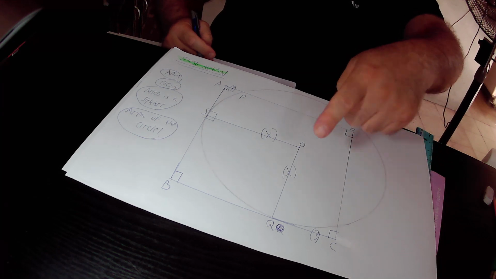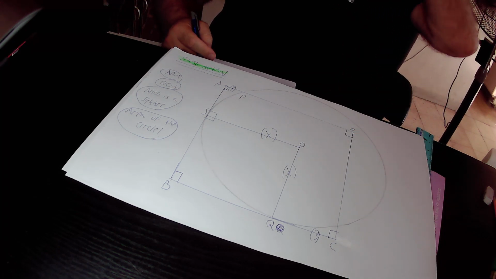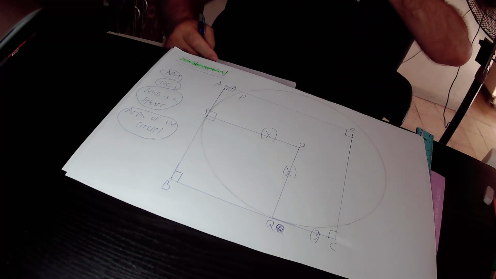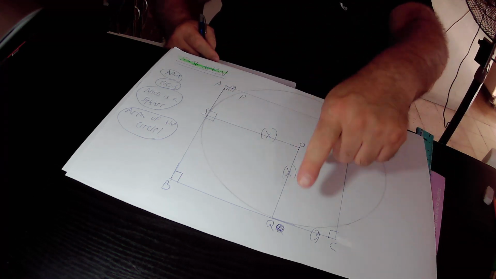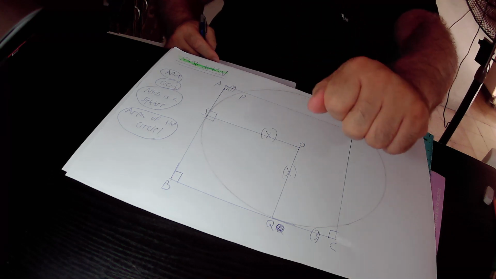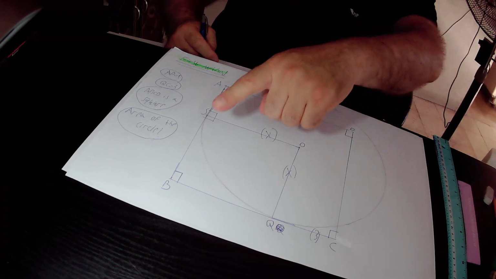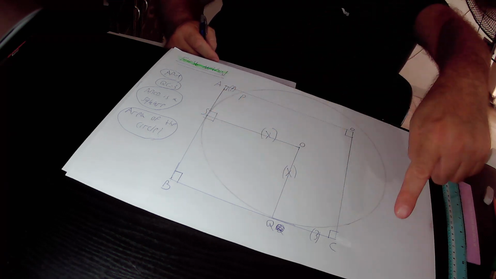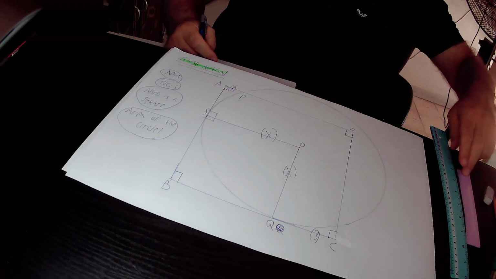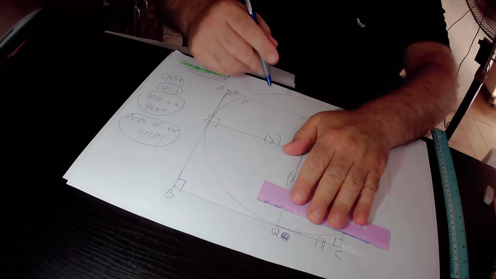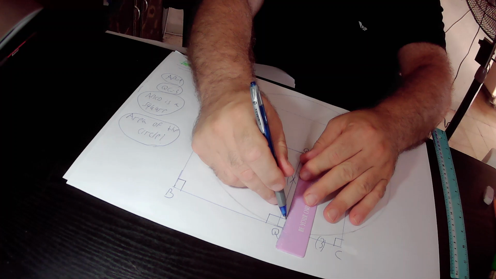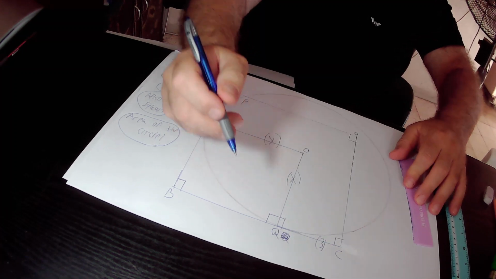The radius OQ is drawn to point Q, the point of tangency of tangent BC with this circle. And whenever you have a radius drawn to the point of tangency, then tangent BC will be perpendicular to the radius QO. If BC is perpendicular to QO, it means that this angle equals 90 degrees, and this angle also equals 90 degrees according to the same rule, rule 1.